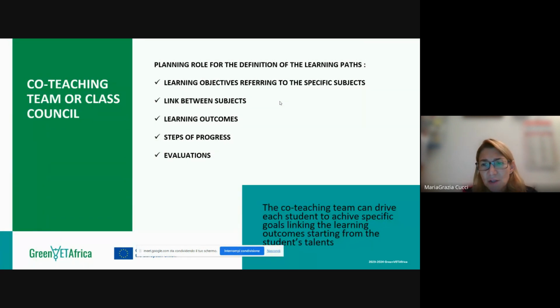The co-teaching team can drive each student to achieve, sorry, there is a mistake in the slide, specific goals linking to learning outcomes starting from the student's talents. So we come back to the second row.